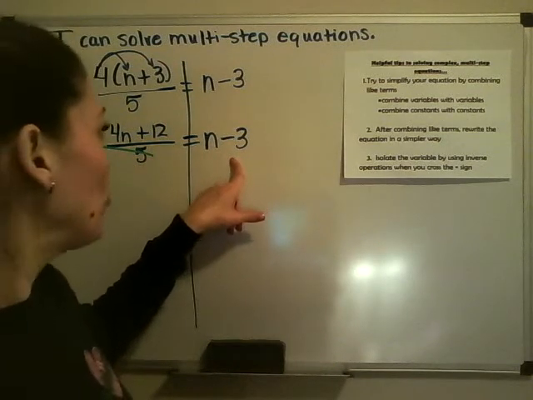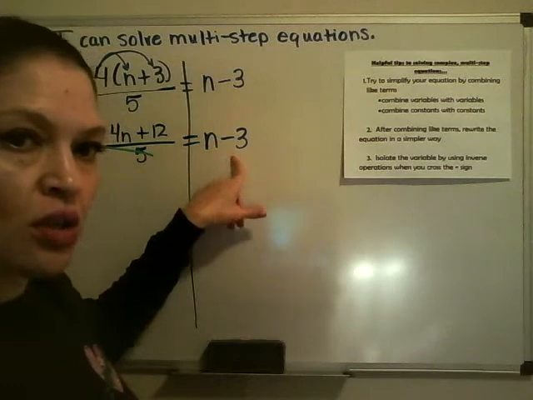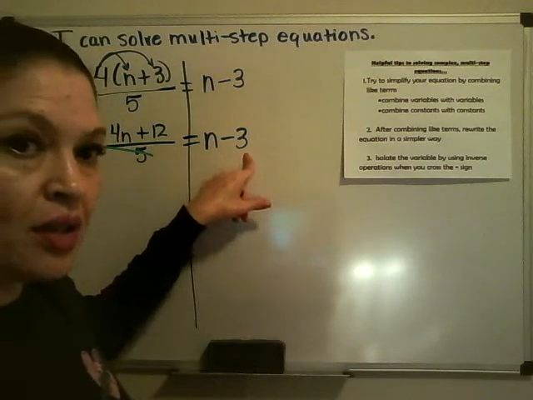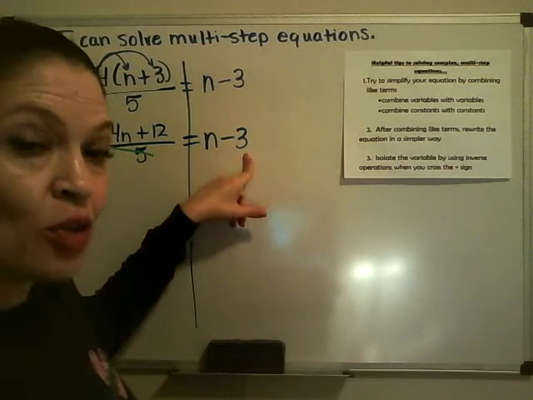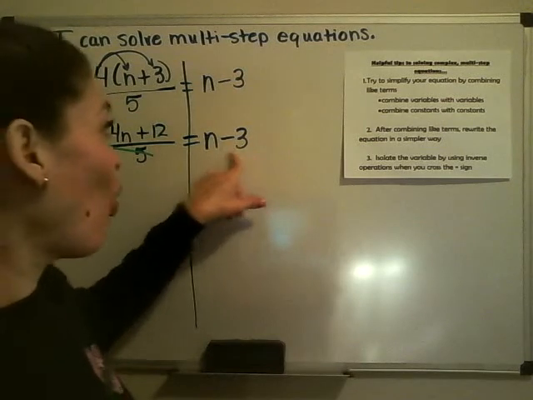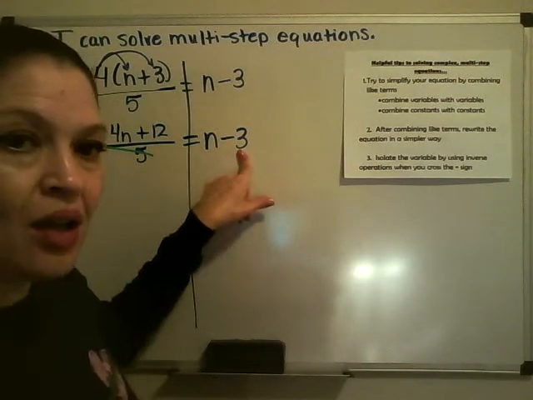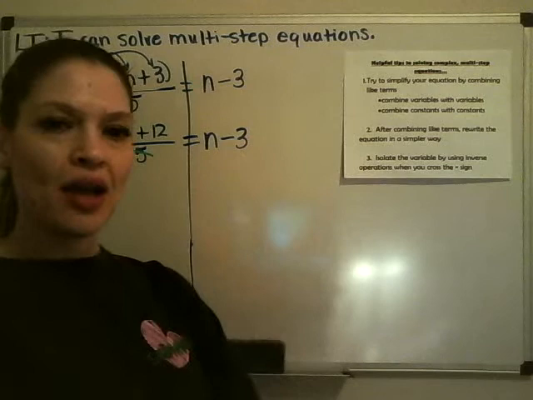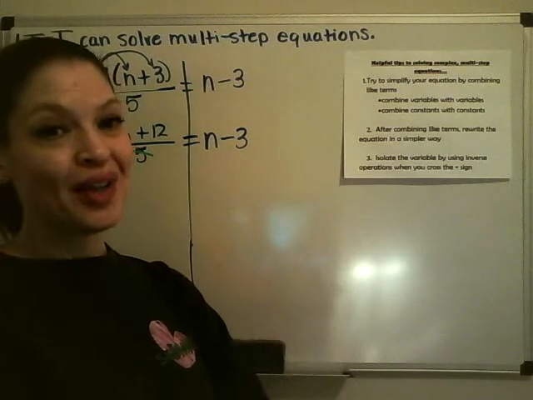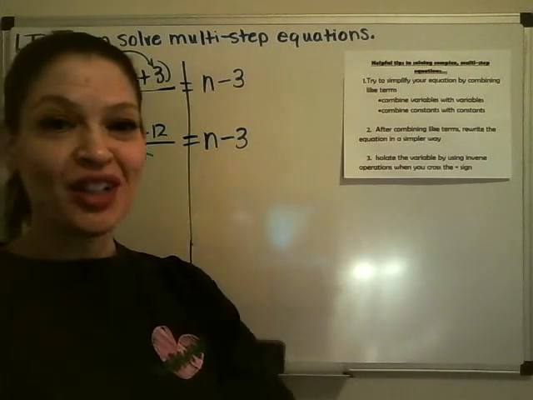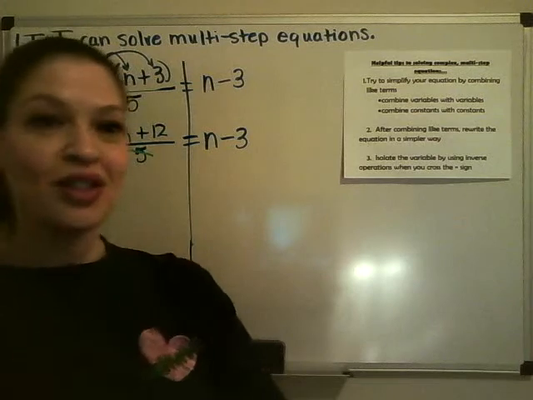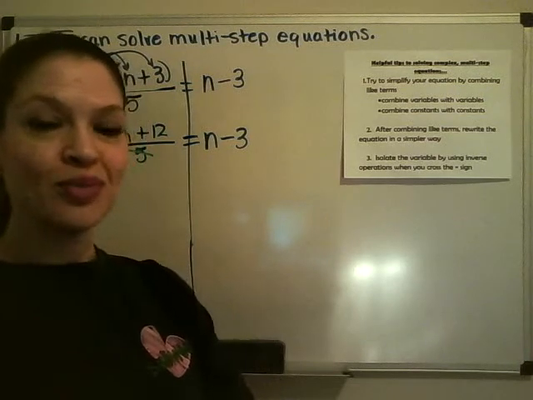Do we multiply by 5 just to the negative 3? No. You have to multiply by 5 on the whole thing. Well, how are we supposed to do that? Well, you are going to give yourself your own distribution problem.